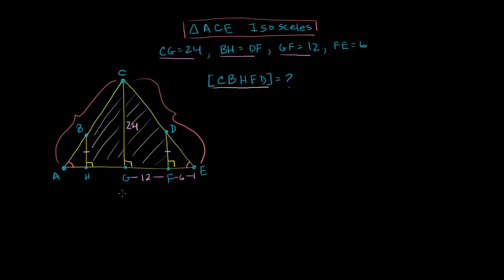So the first thing we might want to do, and you might guess because we've been talking a lot about similarity, is making some type of argument about similarity here, because there's a bunch of similar triangles. For example, triangle CGE shares this angle with triangle DFE. They both share this orange angle right here, and they both have this right angle right over here. So they have two angles in common. They are going to be similar by angle.